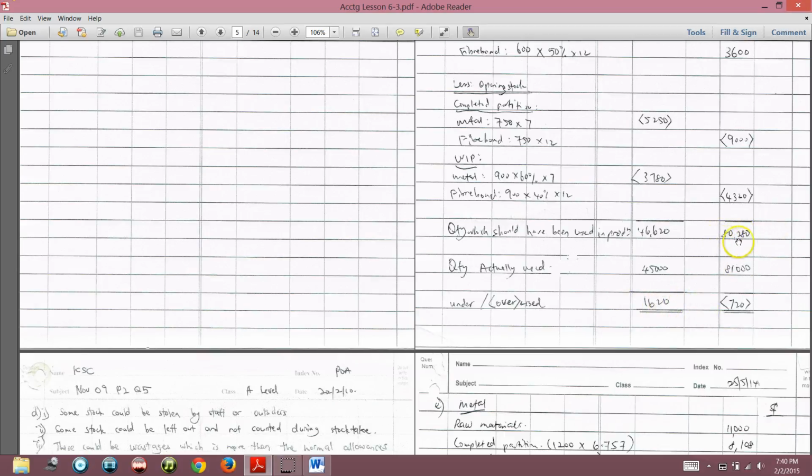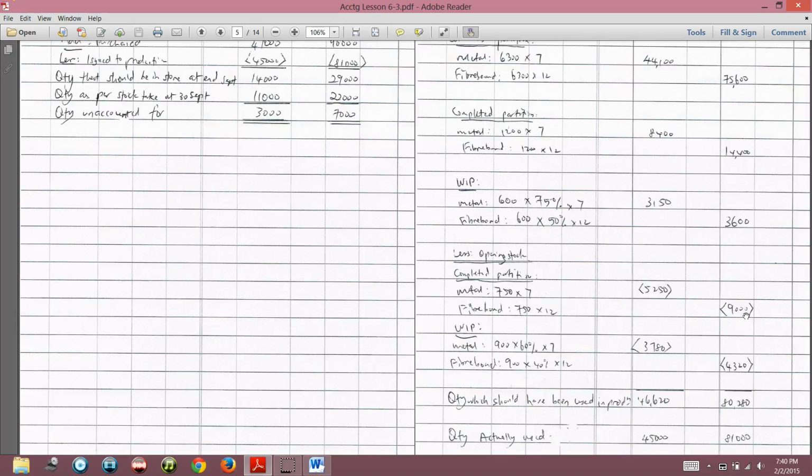So for fiberboard, the quantity that should have been used will be 80,280, and the quantity actually used is 81,000. Okay, it's 81,000. So that means we have so-called used too much. We have overused 720,000. Okay, why is there under or over usage?